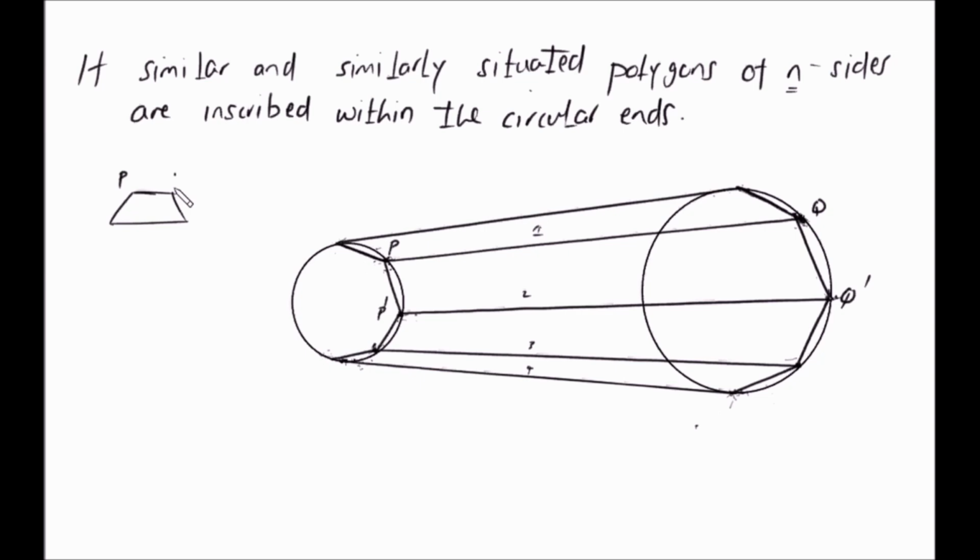Okay, P, P dash, Q, Q dash. Ndefu zaidi sasa kama unavyoona. Hii nimechora tu ili uone kwamba ni trapezium. But as you can see hii ni ndefu. So as usual, sisi tunatafuta surface area ya hii frustrum.